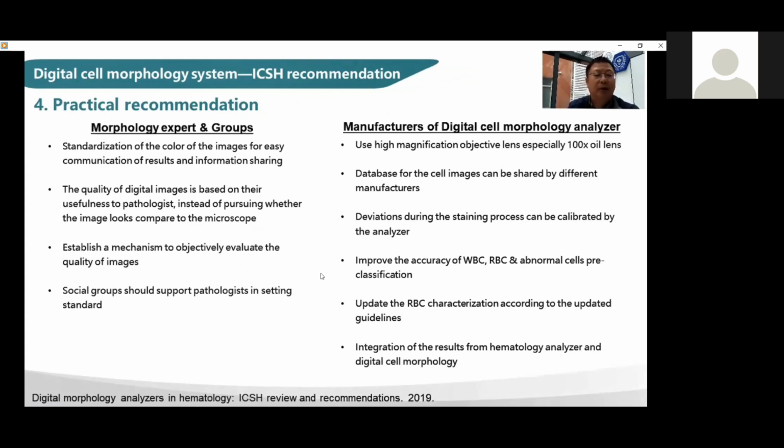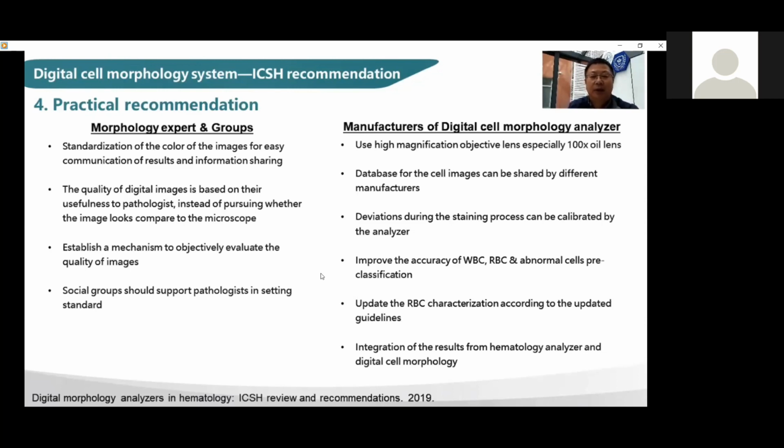We should also try to establish a mechanism to objectively evaluate the quality of the image. As I mentioned, we need to establish a mechanism to be more objective in evaluating the quality of the image.